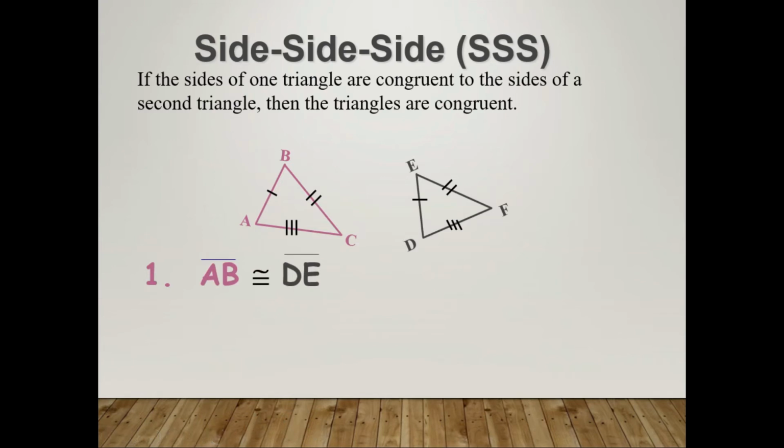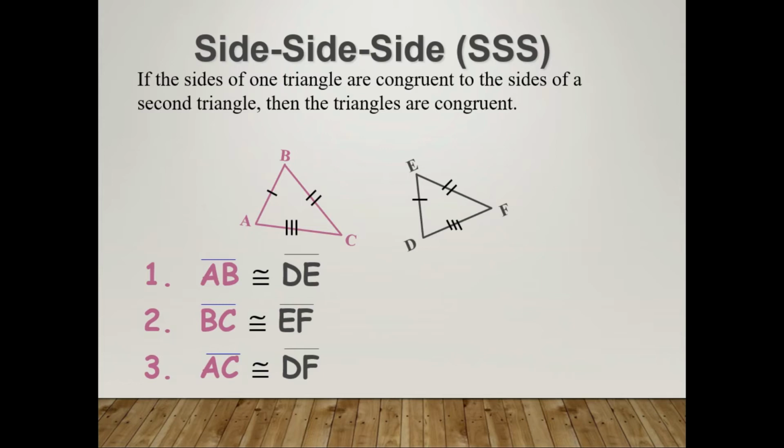So, based from the markings, we have line segment AB is congruent to line segment DE. Then, second given, line segment BC is congruent to line segment EF. Then we have line segment AC is congruent to line segment DF.